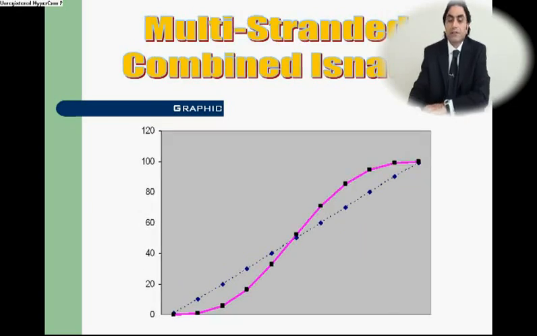And now, multi-stranded combined Isnads. The situation is quite different in Isnads which have more than one strand. Single-stranded Isnads always generate a prototype response for all value ranges of the reliability coefficient of narrators, which pulls the results down.